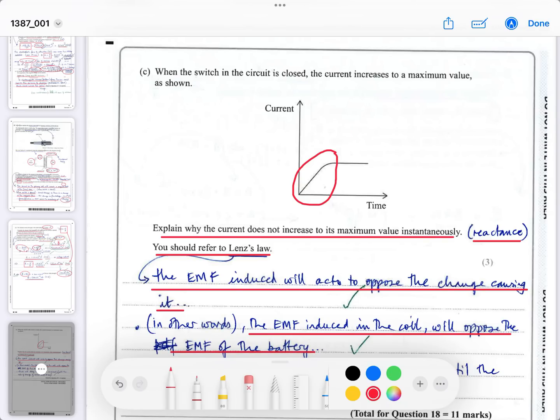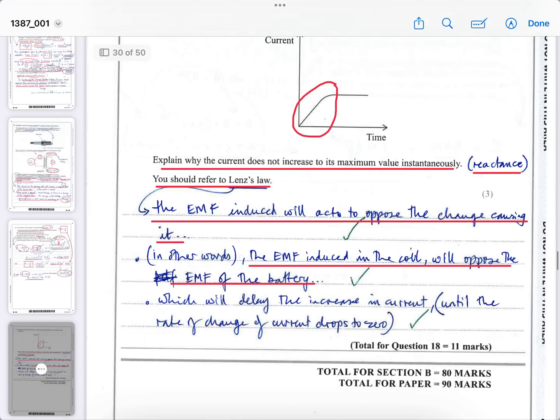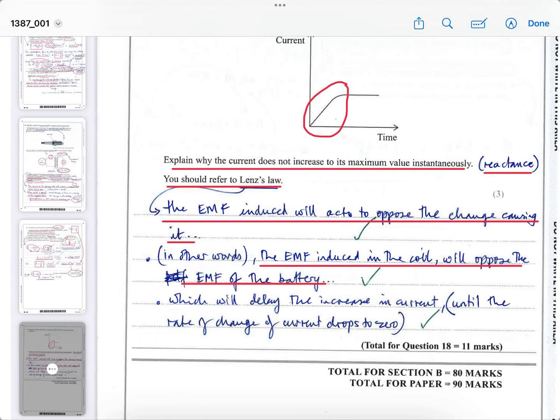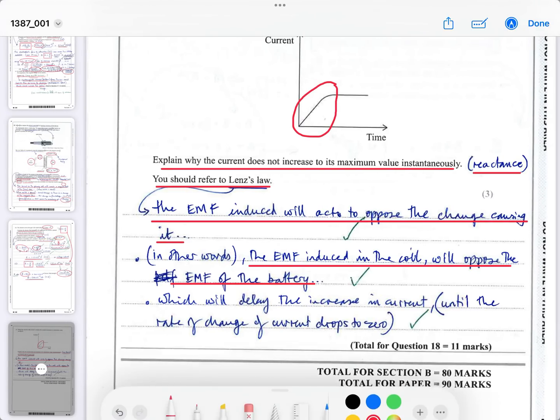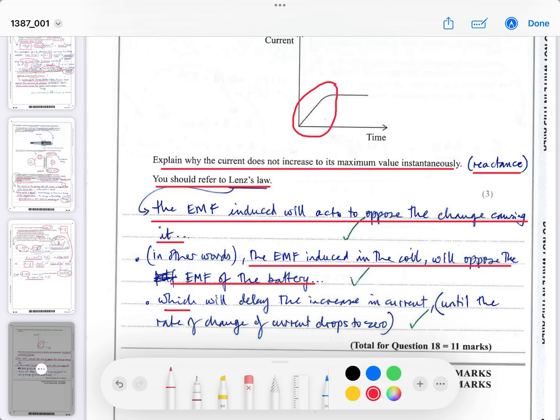So it's a delay that is caused by the magnetic field that's produced inside the coil. And that's called reactance in circuit physics, which is not in this course. The final mark for this exam is this will delay the increase in current until the rate of change of current drops to 0.